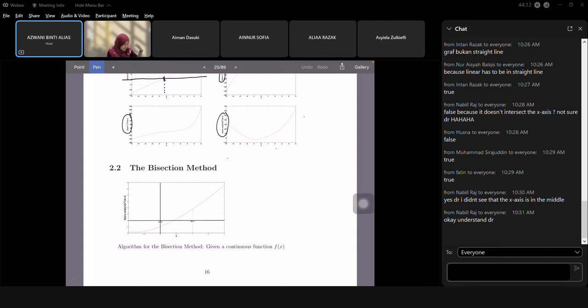So algorithm for the bisection methods, so first should be, okay, the function should be continuous. Okay, given a continuous function. Ingat tak what is the continuous function? Saya pernah ajar dalam calculus.